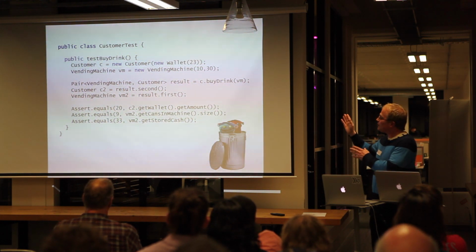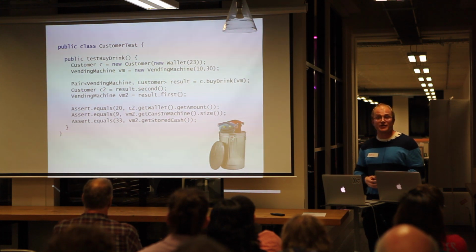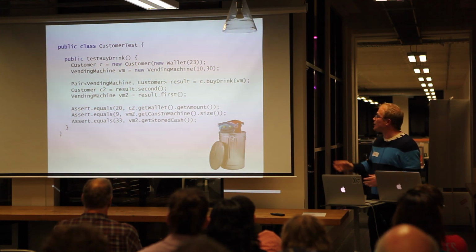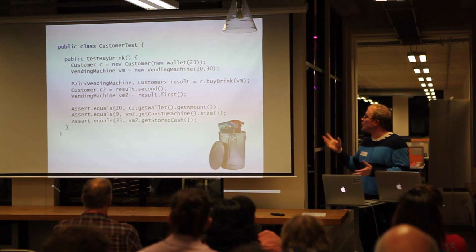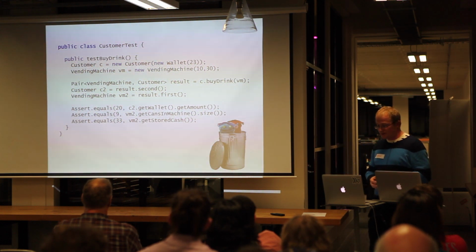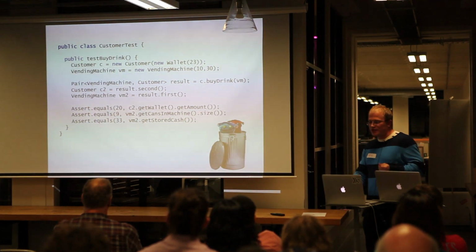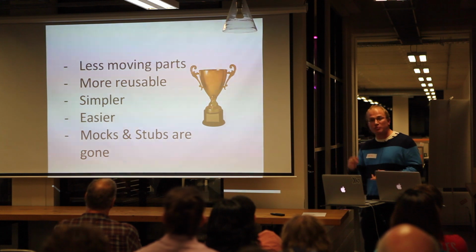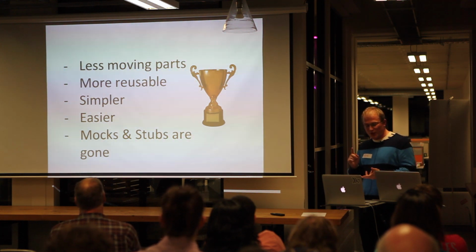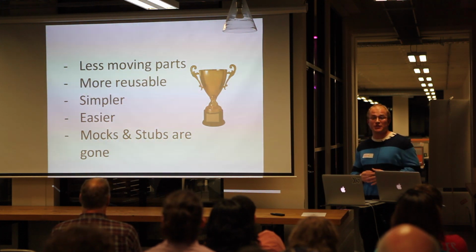This is precisely the intent of this piece of code, and we are directly testing it without any unnecessary moving parts. What we've achieved here, the code has less moving parts, it's more reusable, it's simpler, it's easier, and the mocks and stubs are gone.